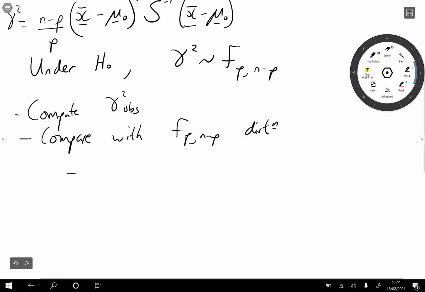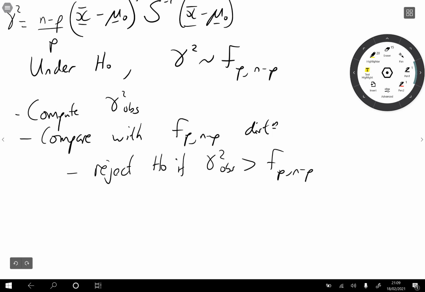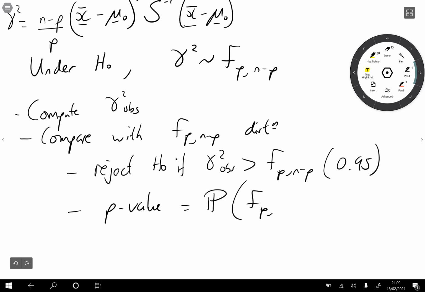So if we take a Neyman-Pearson approach, we're going to reject H0 if gamma squared obs is bigger than, let's say, the 95th percentile of the F, p, n minus p random variable. Or we can compute the p-value, which is the probability that an F, p, n minus p random variable is bigger than gamma squared.